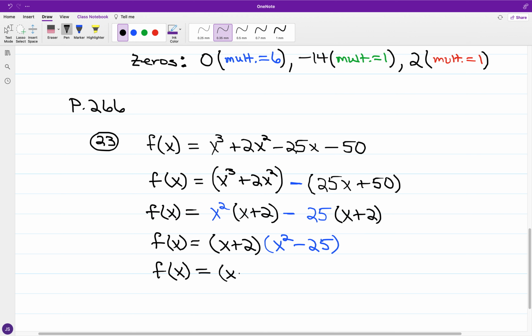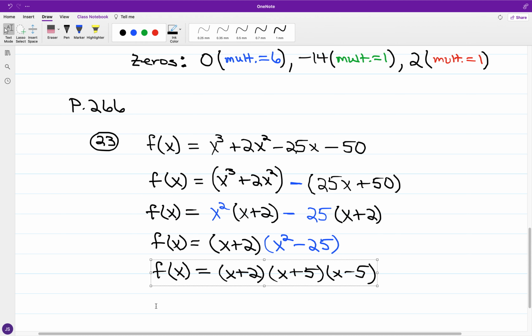So you have f of x is equal to, once again, x plus 2. For x squared minus 25, okay, we have an x plus 5 and an x minus 5. Again, the order of these factors does not matter. And again, just stressing the powers.